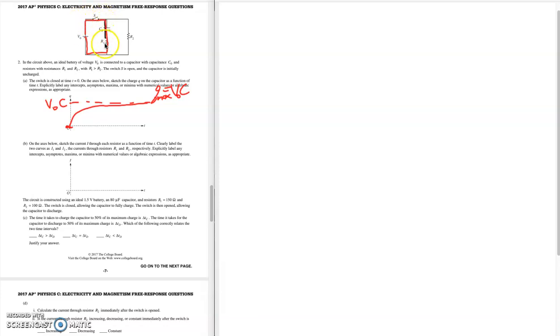Part of it is going to go through the capacitor, and part of it is going to go through the resistor. Since resistor 2 is less, it's going to have more current, so we're going to have a dot to represent I2, and then a dot to represent I1, and if we add these two up, we're going to get the total current.